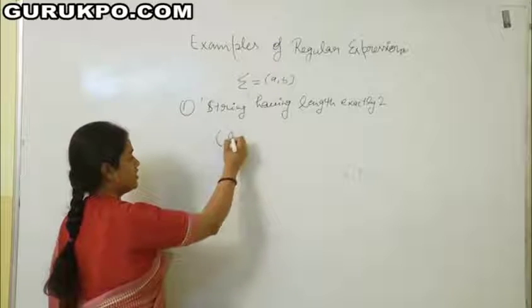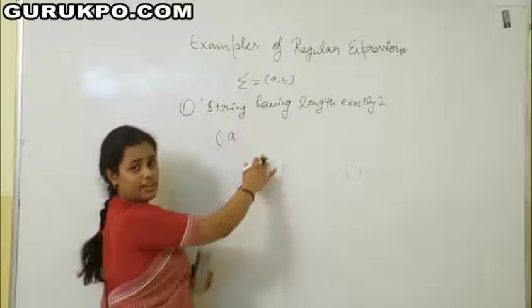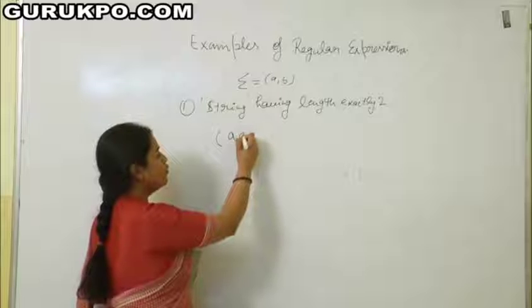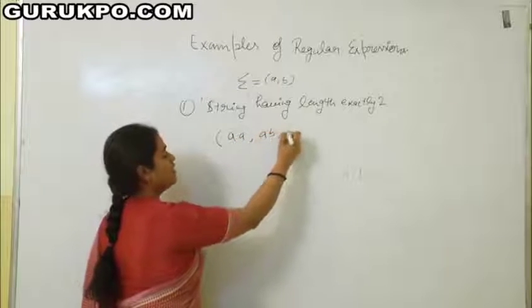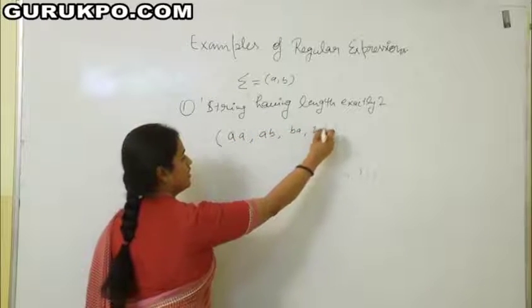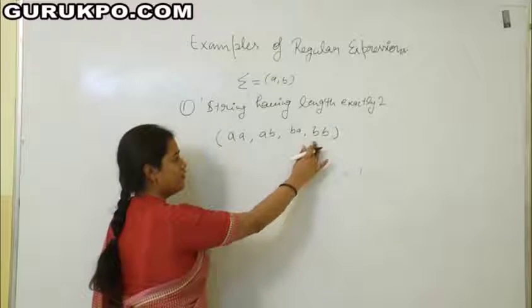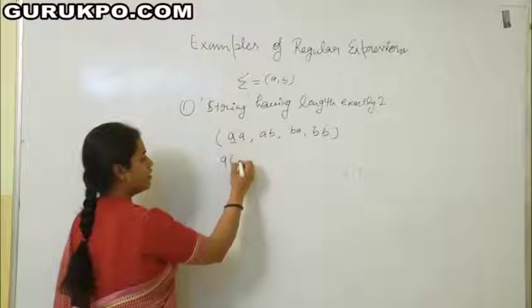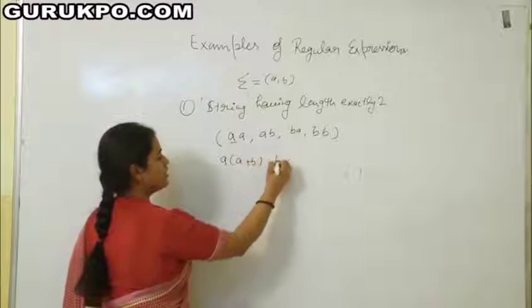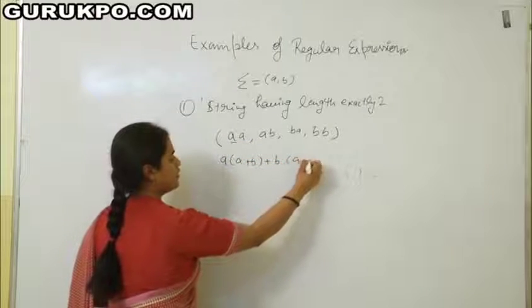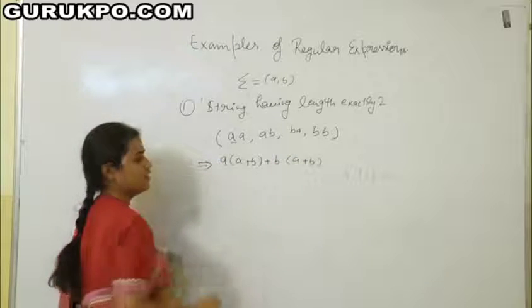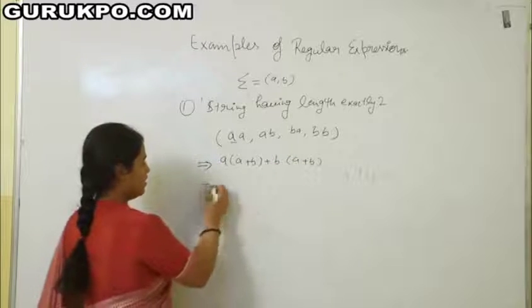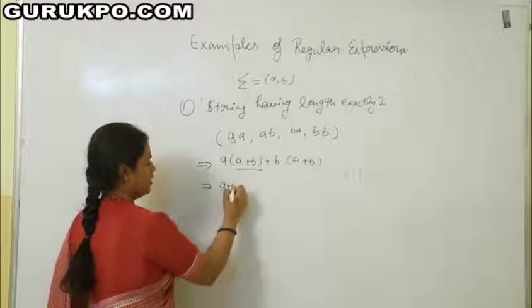In this case, for a finite set of strings, we write all the possible strings in this way. Now we can take a common factor, solve it like this, and again take a plus b.